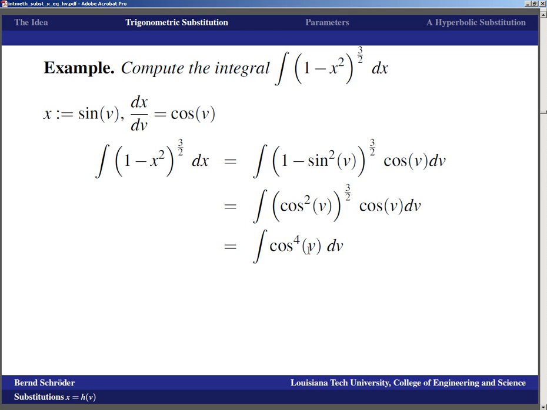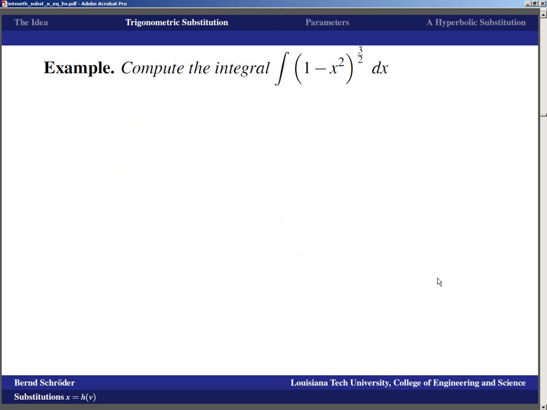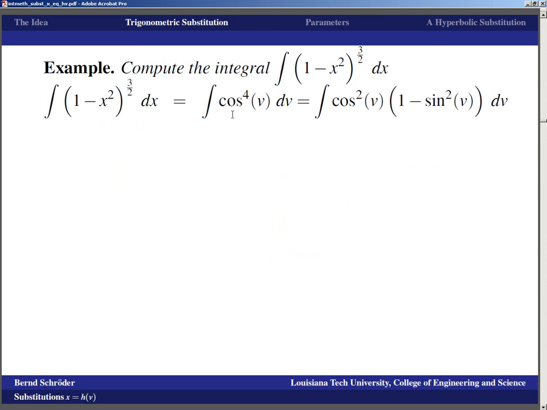Whereas here we don't have to deal with roots and we can use some trig identities. So now we just have to keep remembering trig identities, and of course the granddaddy of all of them is the trigonometric Pythagoras. Cosine to the 4th of v is cosine squared of v times cosine squared of v.